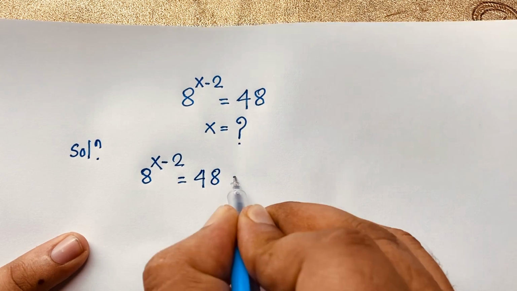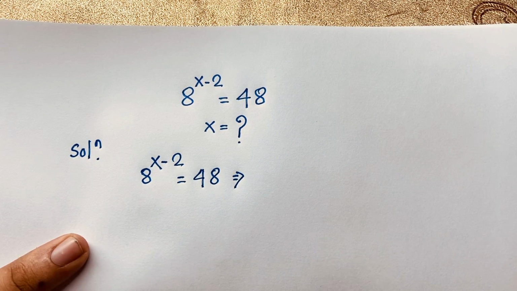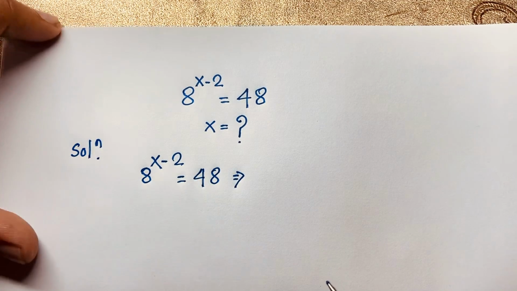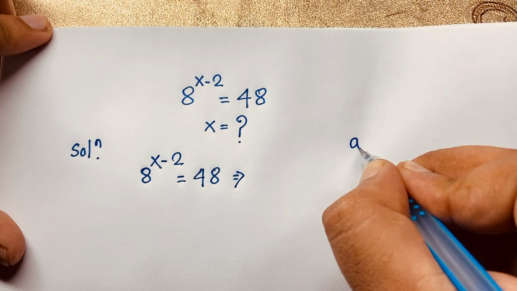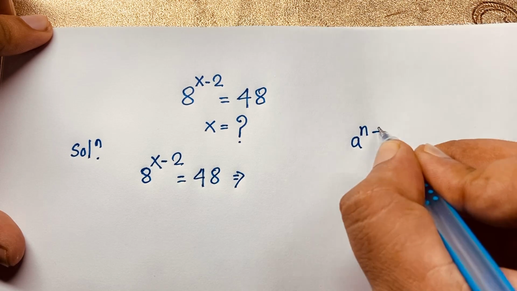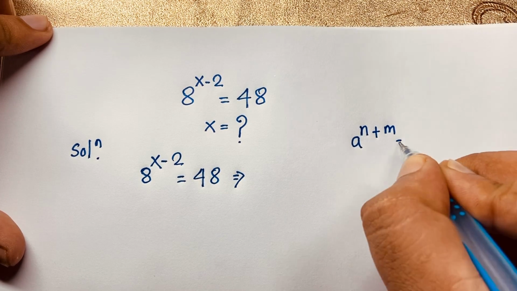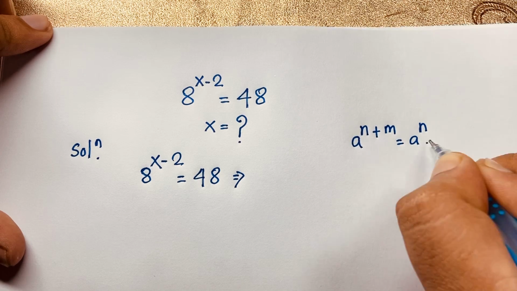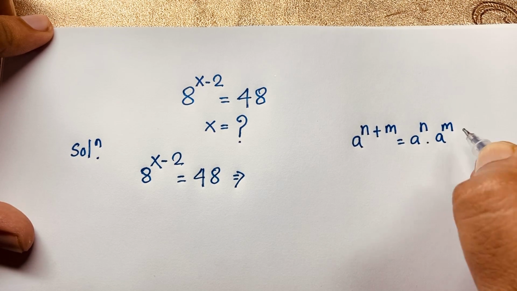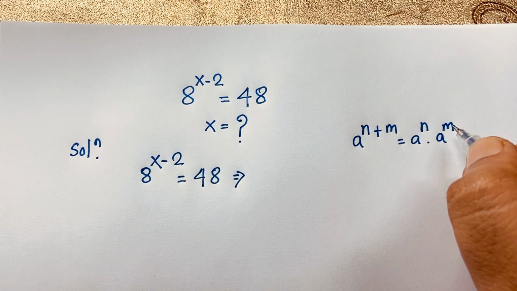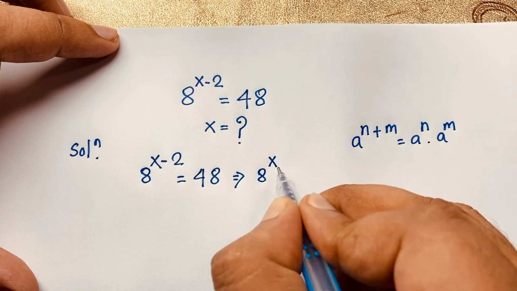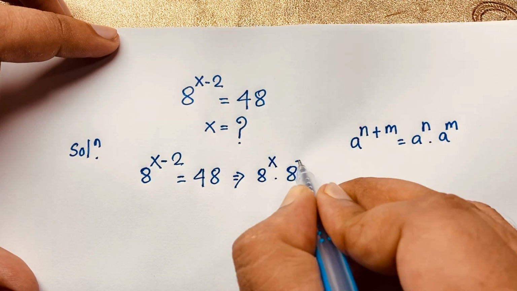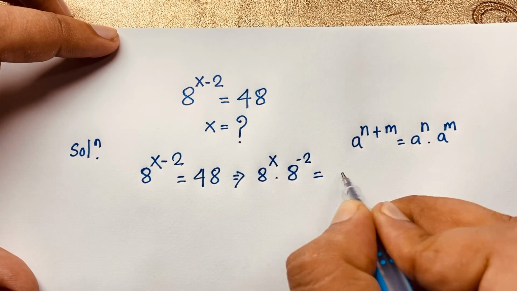This is our question. Now, according to the exponential formula, we know that a to the power n plus m is a to the power n times a to the power m. According to this formula, I can say this expression will be 8 to the power x times 8 to the power minus 2 is equal to 48.